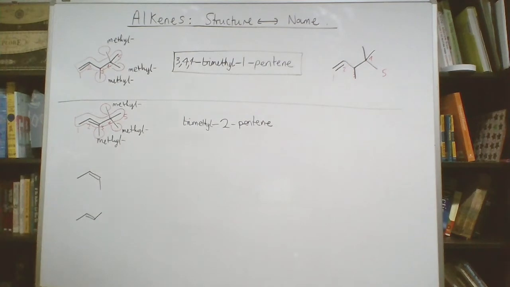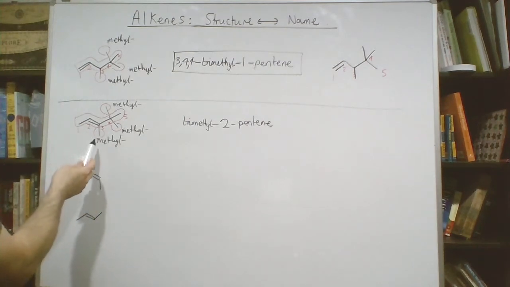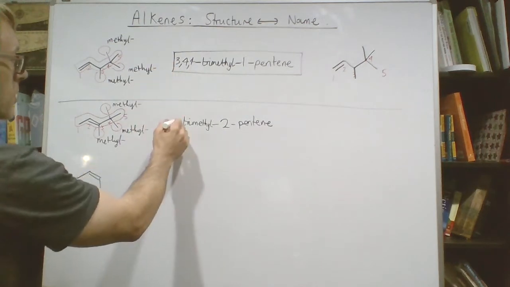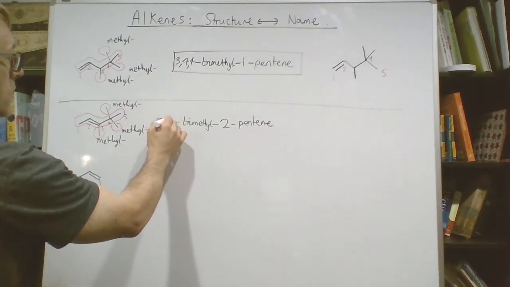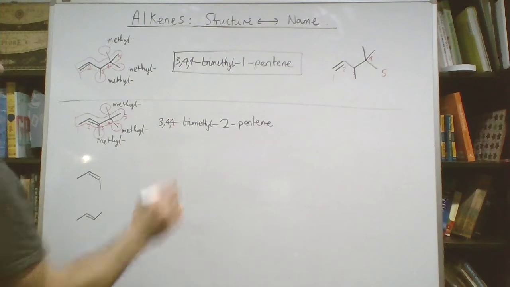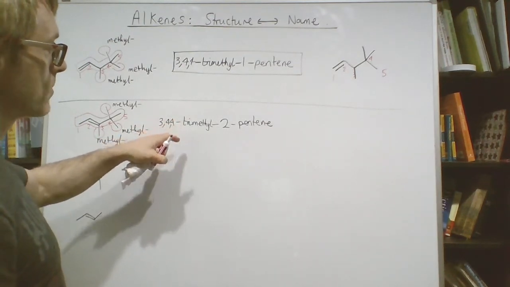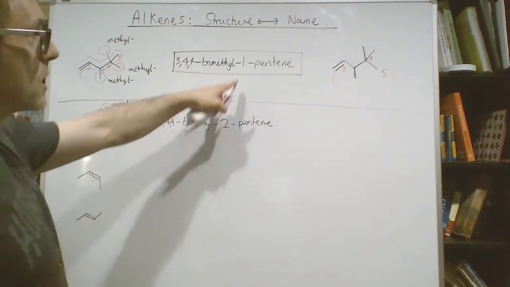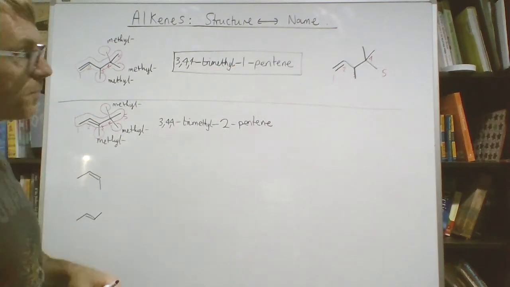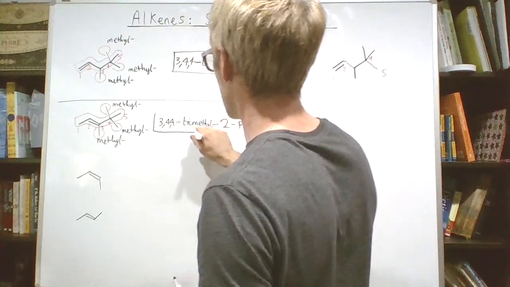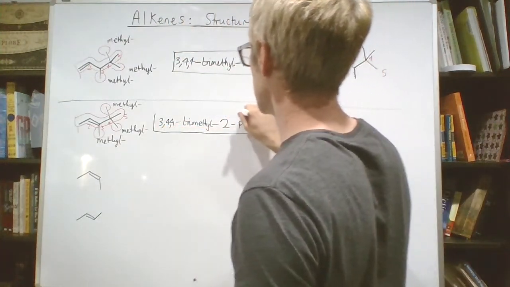Trimethyl is all one word. And this time the methyls are on carbons 3 and 4 again, exactly as they were. So 3, 4, 4. Separate numbers by commas, separate numbers and words by hyphens. Notice that the only thing that changed was the location of the double bond. So my final name is 3,4,4-trimethyl-2-pentene.